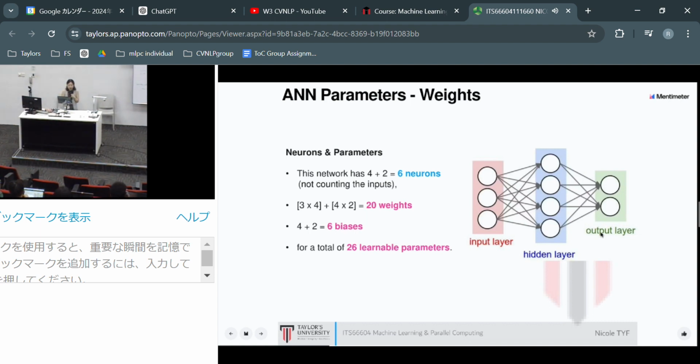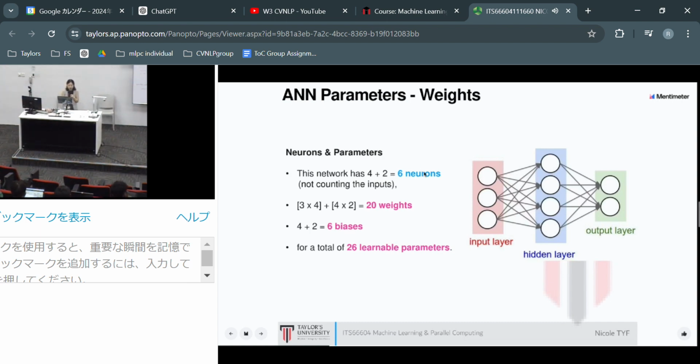Basically, every single connection over here, we know that these perceptrons are interconnected with one another. So every single line here refers to one parameter which the network is trying to learn.